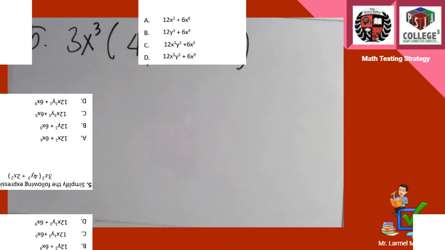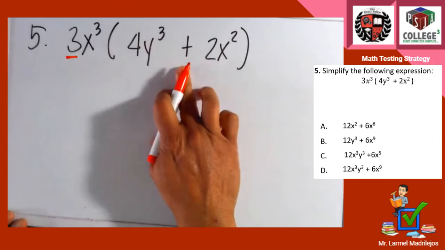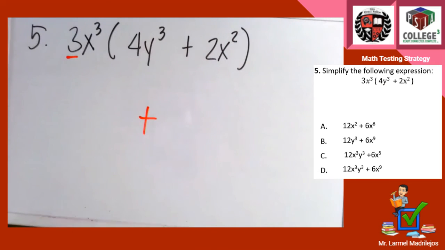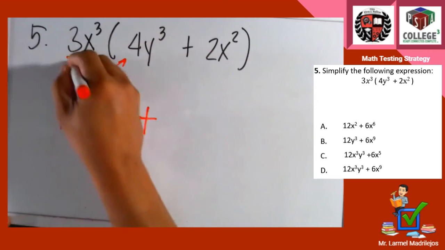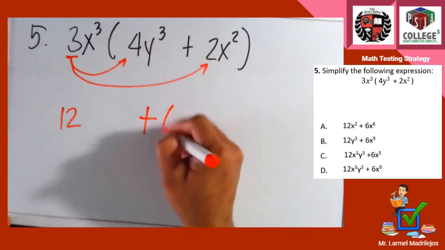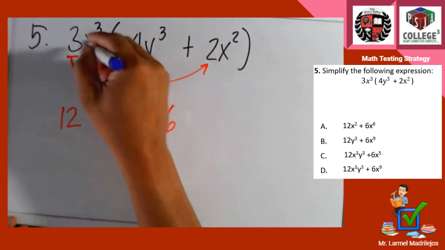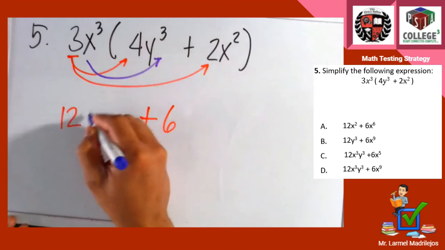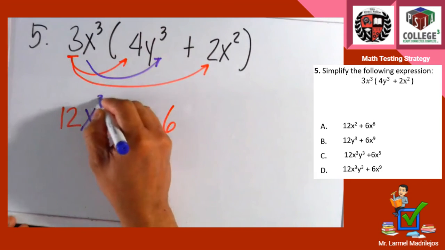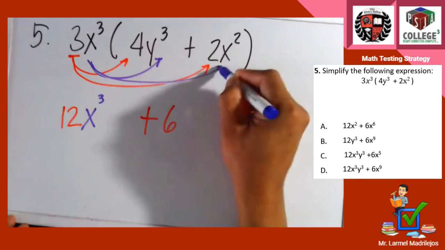Same thing. I'm going to distribute my numerical coefficient. I saw plus there, so it means this answer is going to have plus in between the terms. So 3 times 4, that makes 12. 3 times 2, that makes 6. Next is x cubed. There's no x here, so I'm just going to copy x cubed. And I'm going to distribute these two here.